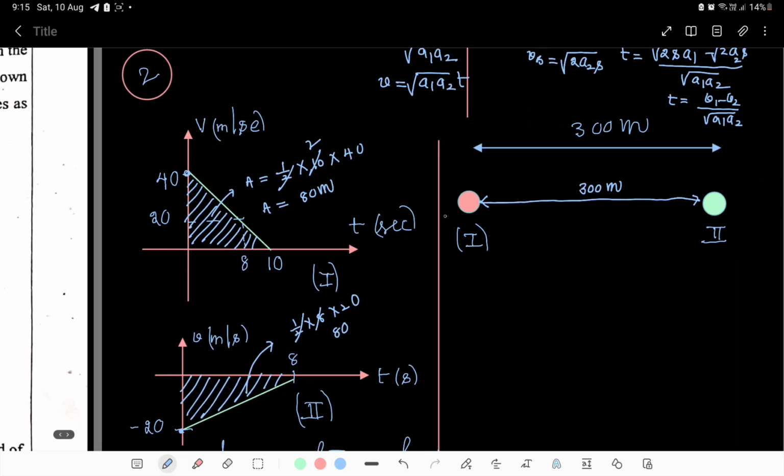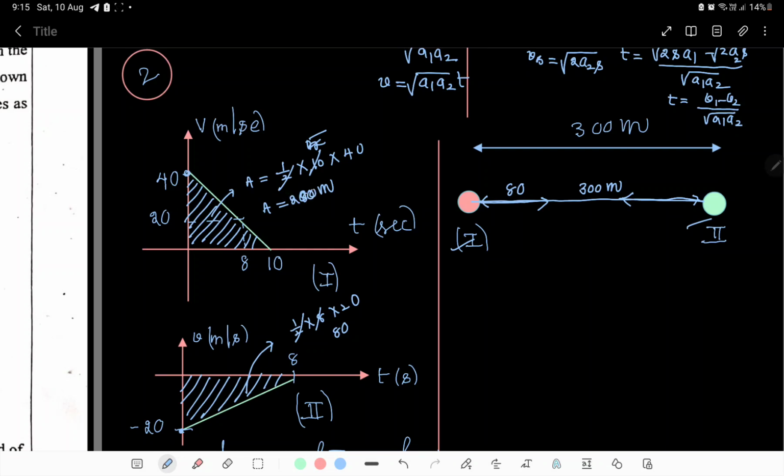So let's say this is train 1 and train 2. One is moving in a forward direction, the other one is moving in a negative direction. One is having a positive displacement, the other one is having a negative displacement, right? So this is 80, and this is 5, that will be like 200.